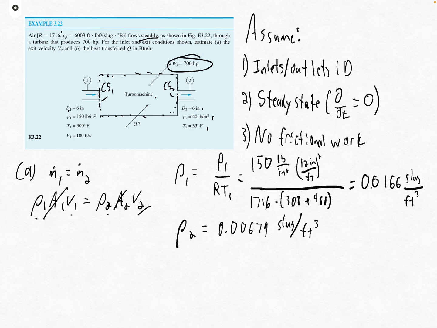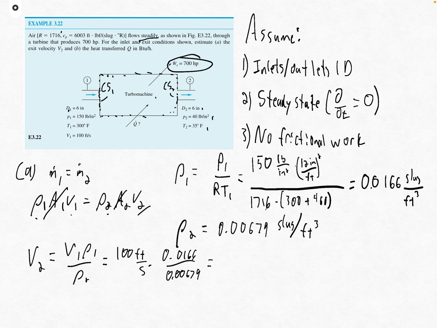And so we can simply solve for this, V2 is going to be equal to V1 rho 1 over rho 2. If we plug in our values, this will be V1, 100 feet per second, times 0.0166 over 0.00679.